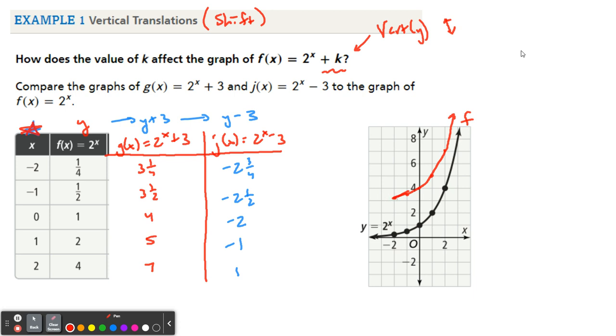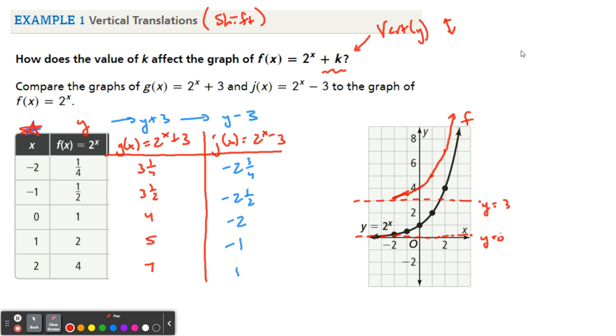Notice that this curve, 3 1/4, 3 1/2, if we kept going to the left, we would keep approaching 3. That means this is going to be the new asymptote for this function. This has the equation y equals 3, so it also shifts up 3, because for the original function, the asymptote is the x-axis, where y equals 0.